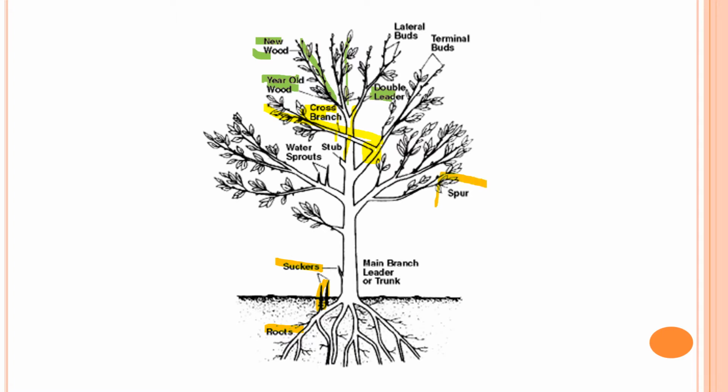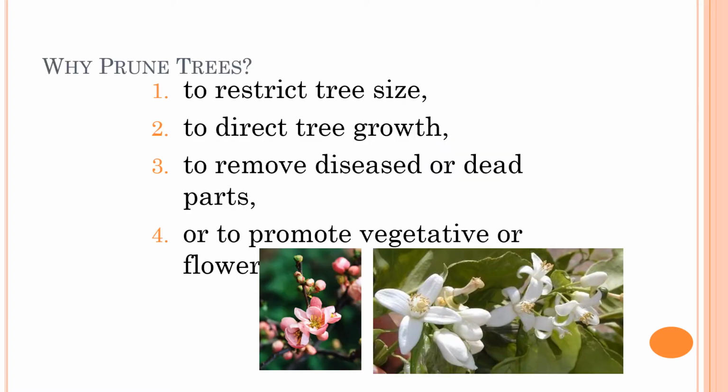Sometimes we prune things called spur, which is a very short stem. Sometimes we also prune something called water sprouts. Water sprouts are like suckers, but suckers come from the root. Water sprouts come from the shoot, from the branch itself. So these are the different parts that need to be pruned in a tree.